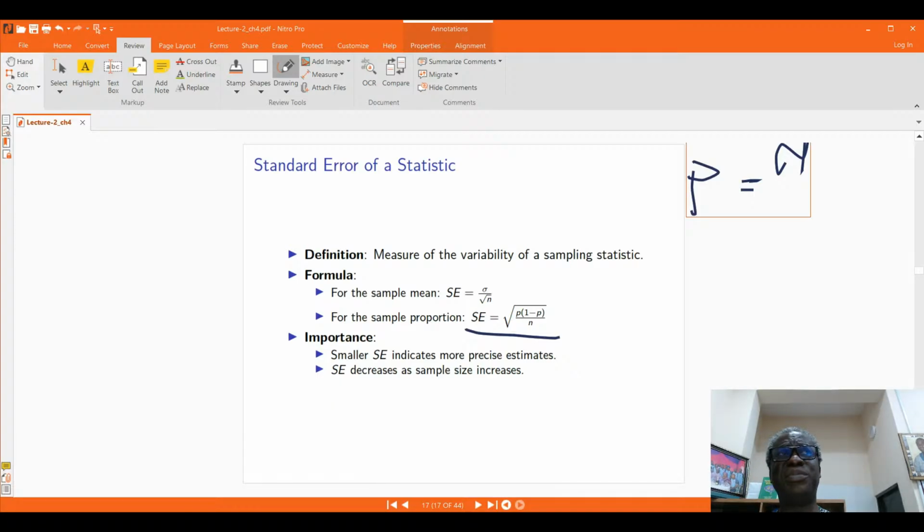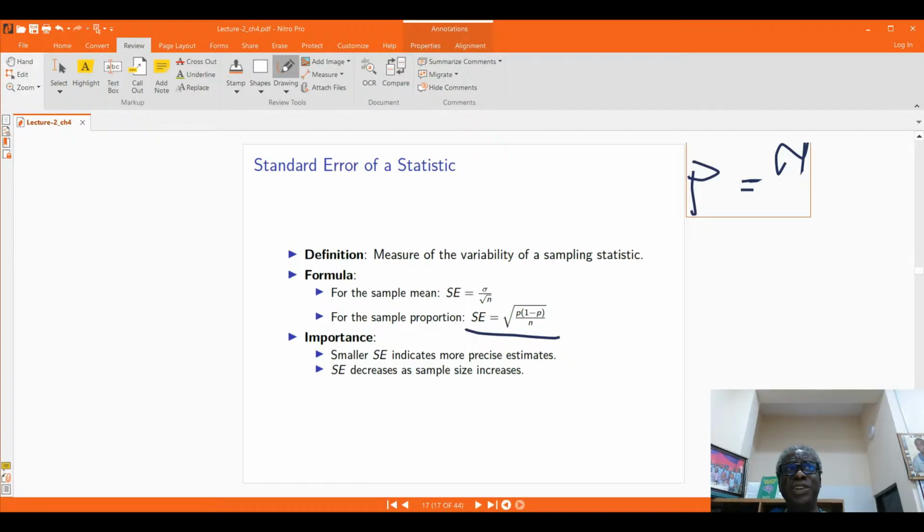If you take a sample also, it will be the number of cases with the attribute of interest over the sample size.